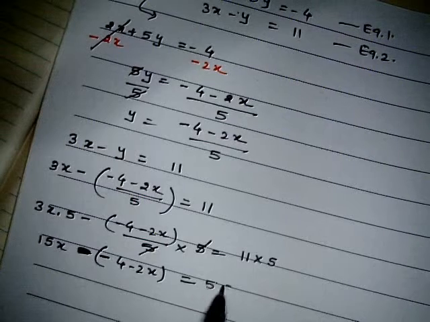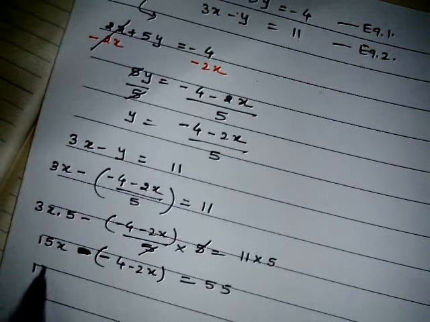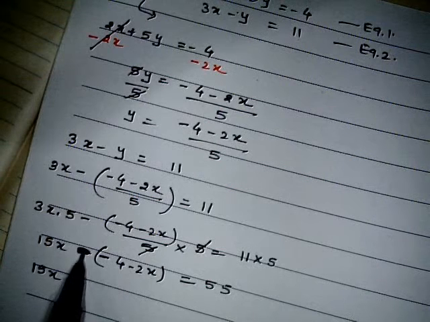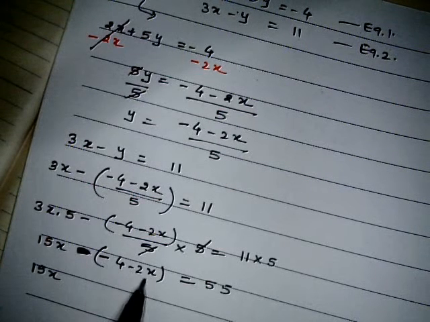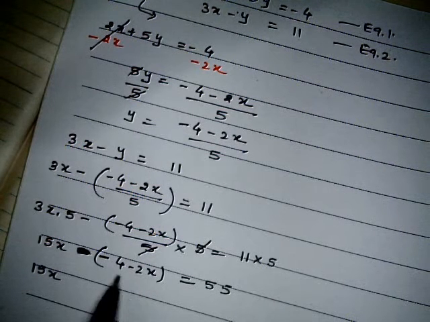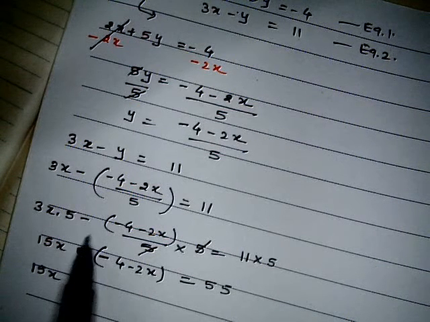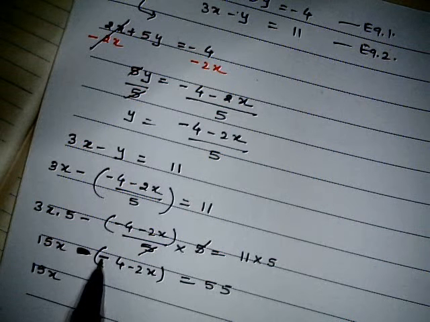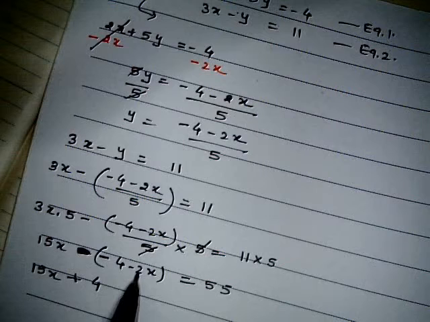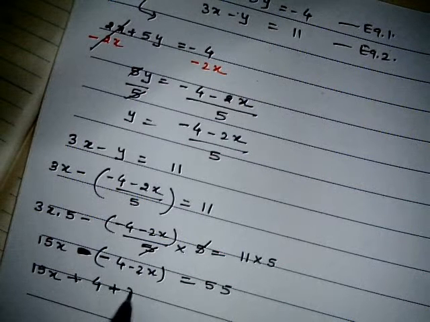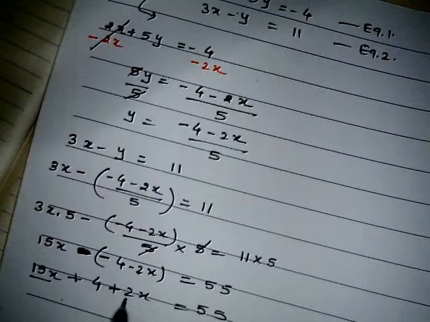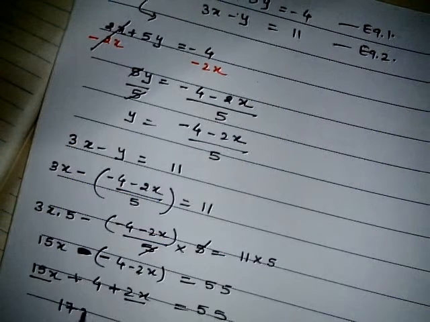Outside the parenthesis is a negative sign, so the signs of the terms inside will change. Negative times negative 4 is positive 4, and negative times negative 2x is positive 2x. Now 15 plus 2 is 17x, plus 4 equals 55.